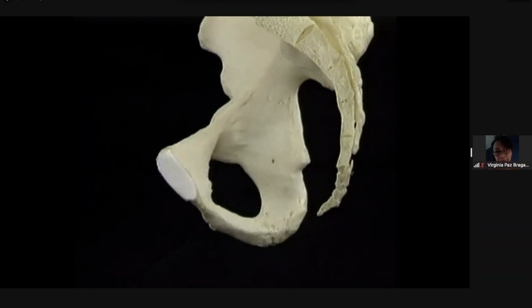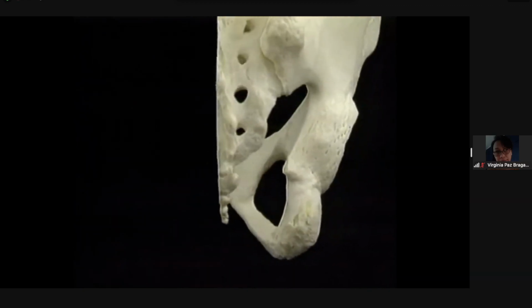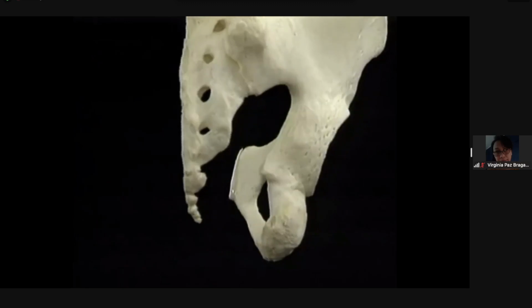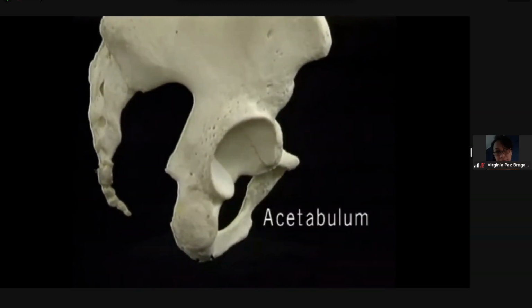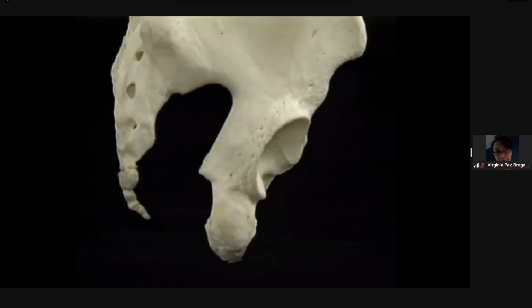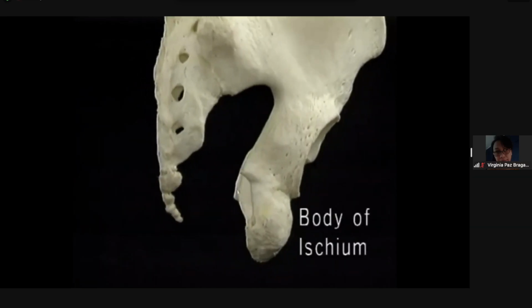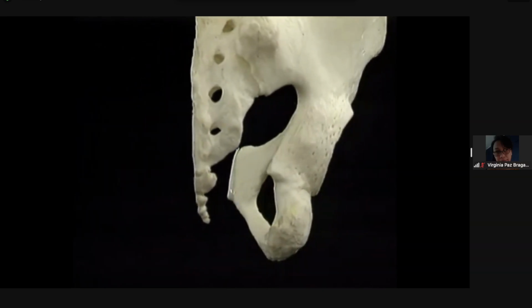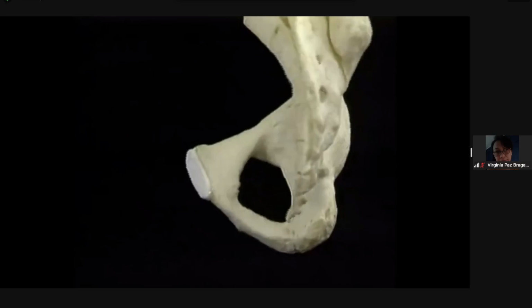It's smooth on the inside and on the back. It's deeply indented on the outside by the socket of the hip joint, the acetabulum. This is the body of the ischium, which ends below in this impressive projection, the ischial tuberosity, which is what we sit on.